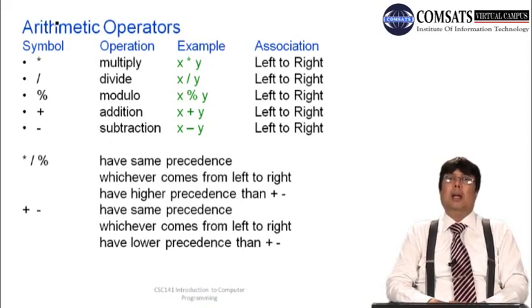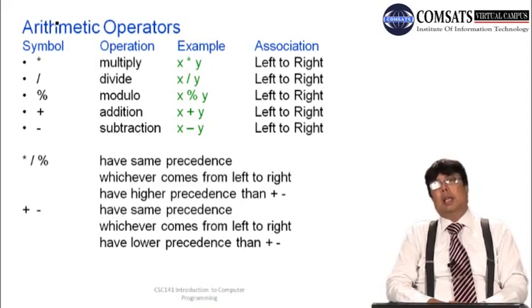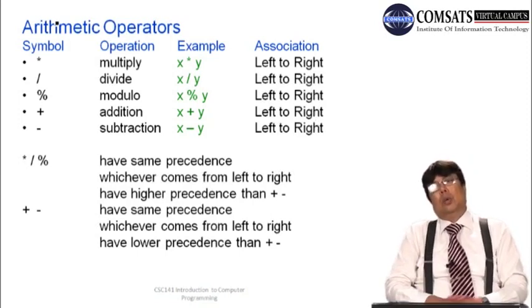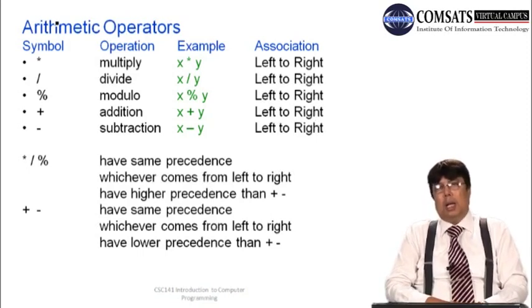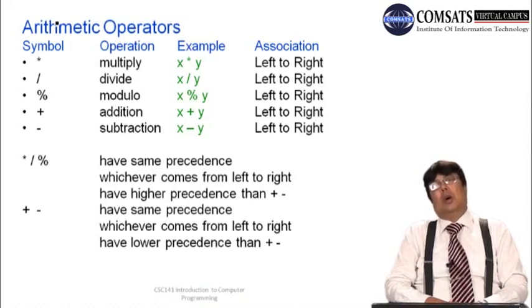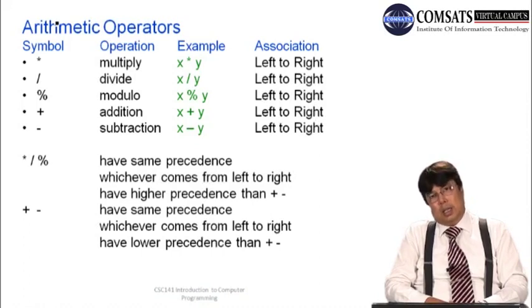अगर हम कहें a multiply by b divide by c, अब मल्टीप्लिकेशन एंड डिवीजन जो है दोनों एक लेवल के ऑपरेटर्स हैं, तो विनर कौन सा होगा? मल्टीप्लिकेशन या डिवीजन? The winner will be the one that comes first from left to right. So in a multiply by b divide by c, multiplication comes first before division. सो पहले a और b को मल्टीप्लाई करेंगे, जो आंसर आएगा उसको डिवाइड करेंगे c से.